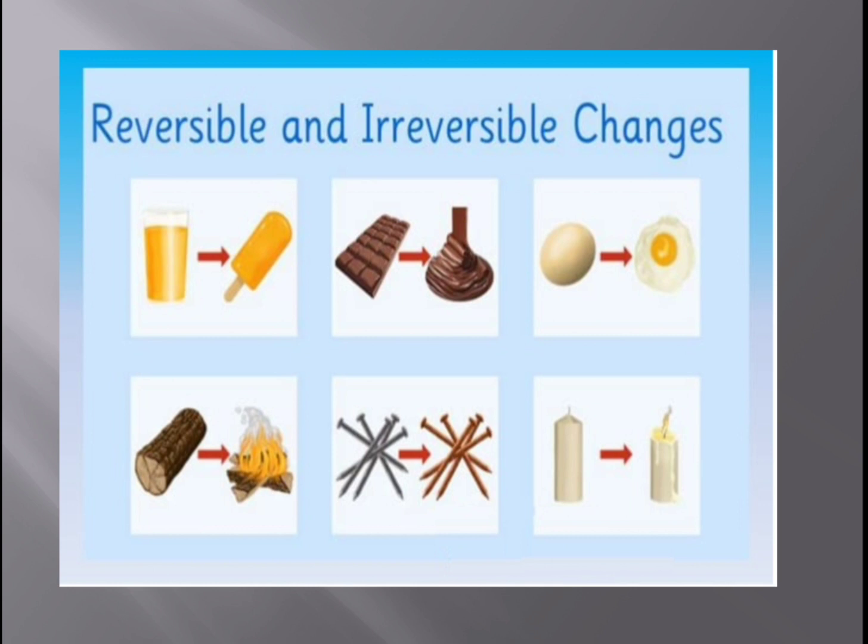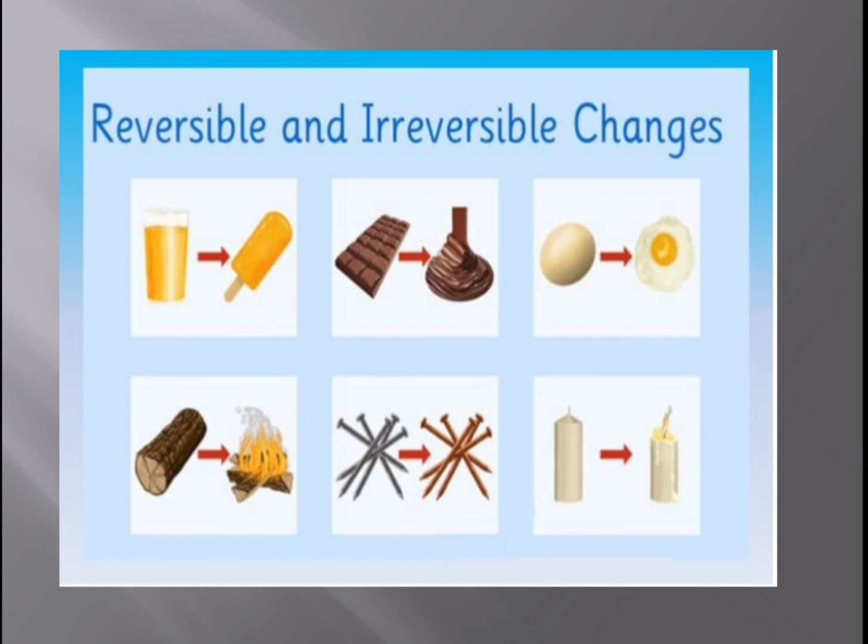We can paste it, but it looks different, isn't it? So the original paper, you can't get it from the same pieces, isn't it? So that is irreversible physical change. Cutting your fruits, cutting the wood, burning the wood, these are the things which we cannot make into the original one. That's why they are called irreversible changes.